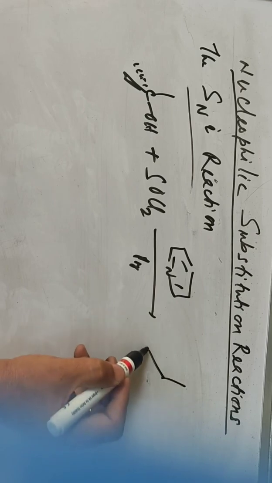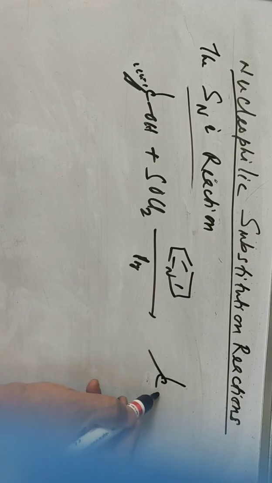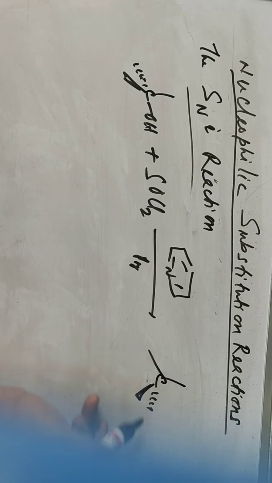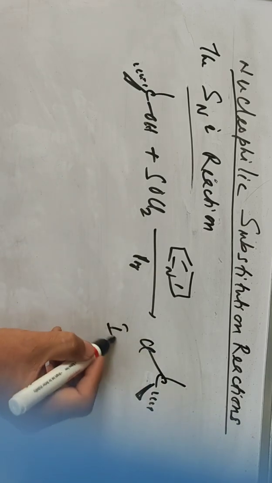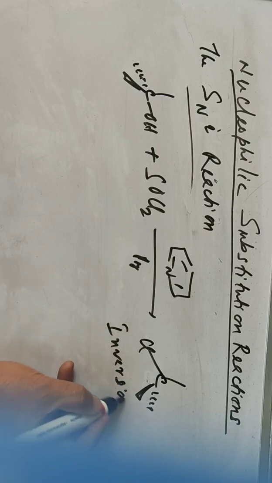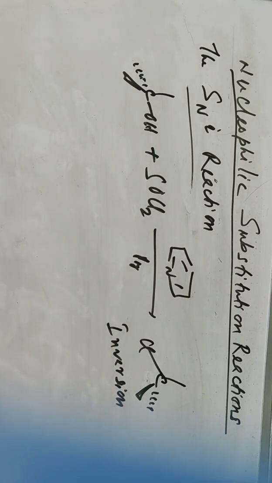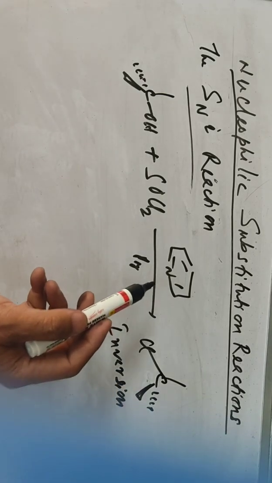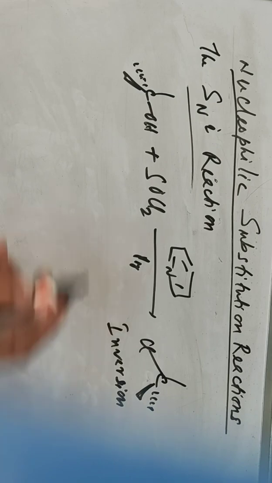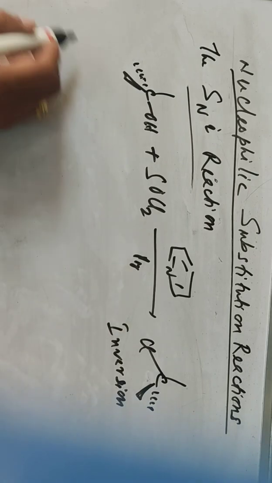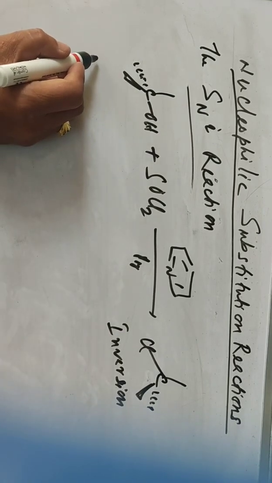Here is the carbon, and then the chloride comes here. So inversion takes place, just opposite to that. When pyridine, a base, is present, the reaction takes place as an SN2 reaction in an inverted way. Here I can write the mechanism of the reaction.